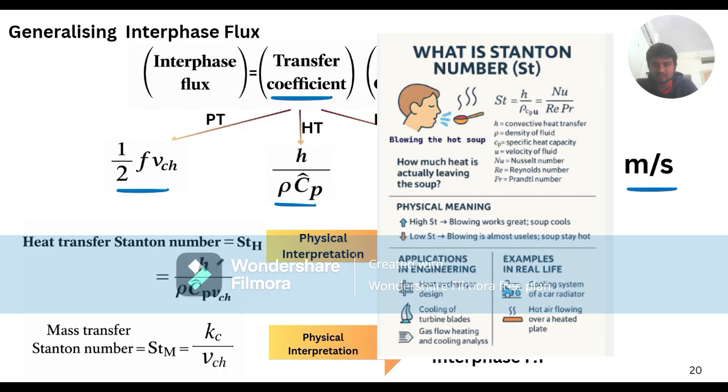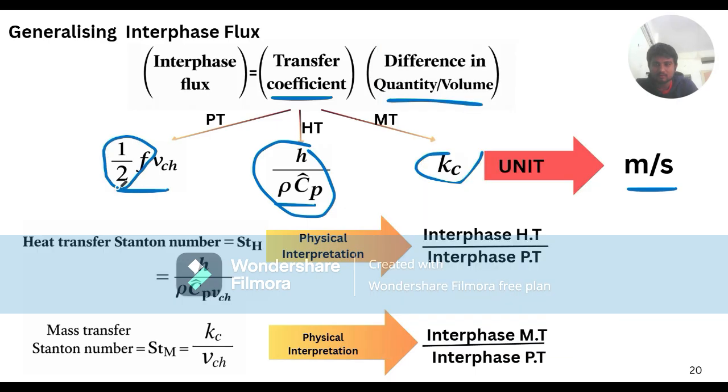The generalized transfer coefficient in heat transfer is H upon rho Cp, and in momentum transfer it is VCH, because 1 by 2 F is a constant and it is also dimensionless. The VCH only has units, so we consider VCH. The physical interpretation of the Stanton number in heat transfer is interface flux in heat transfer upon interface flux in momentum transfer.